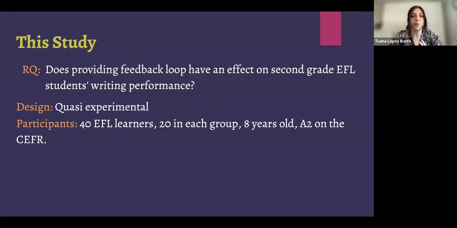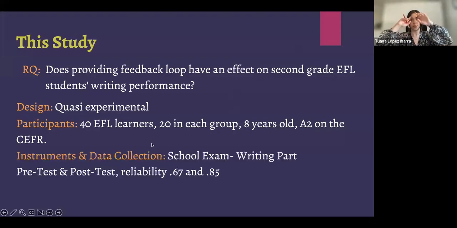Nobody reported being bilingual, and they all learned English in a school context explicitly. As for the instruments of the data, how we obtained data on their writing performance, we used school exams. The school had 2 exams, one 2 months after the term started. The first exam served as a pre-test.